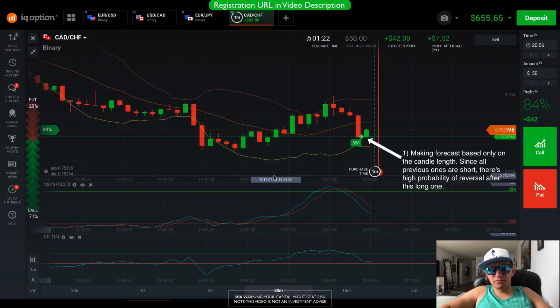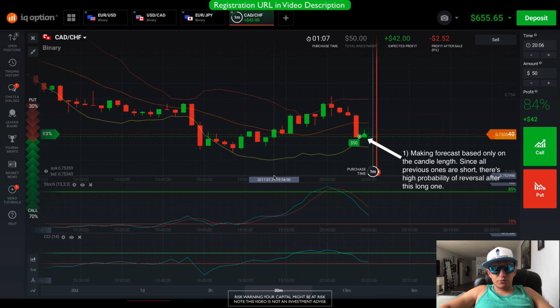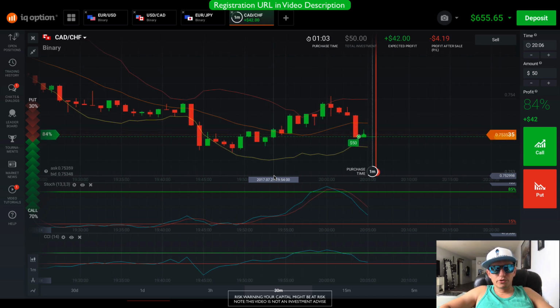So we didn't have the confirmation from any of the indicators, basically from none of them, but I made this trade relying on the length of the previous candle. The big red candle that was just before the trade, you noticed it's twice or 3 times bigger than the previous ones.